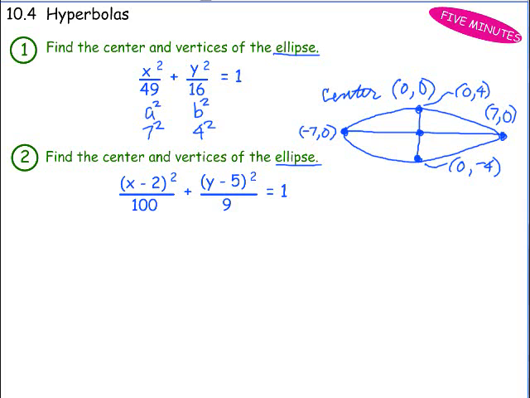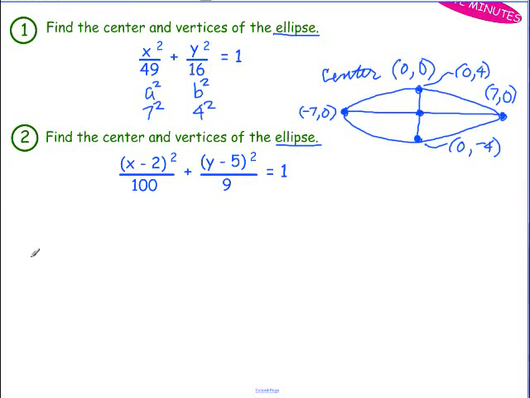Gets a little more complicated when I start looking at something like this. This actually has something being subtracted within the squaring. That tells me a lot about where the center is.